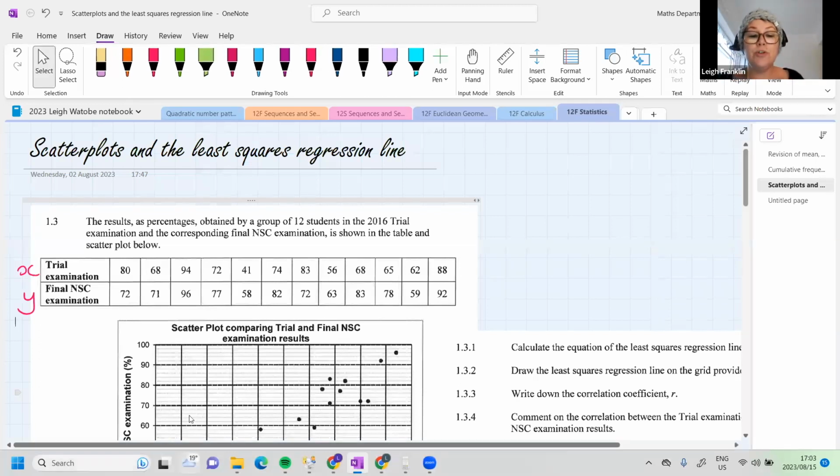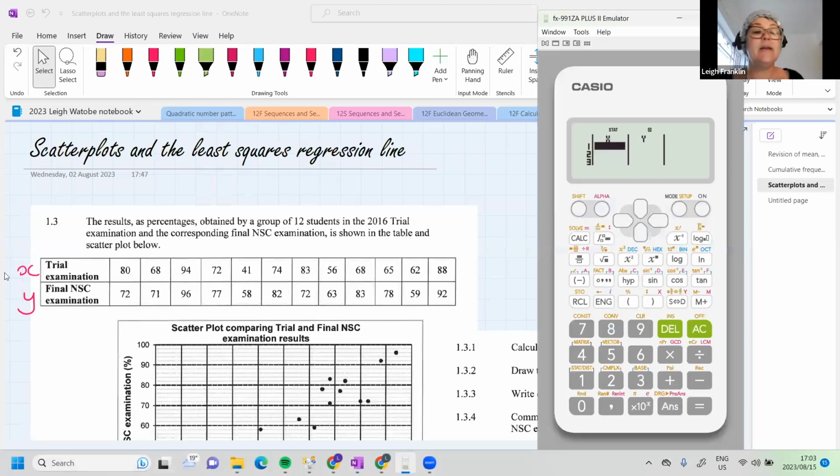So we fill in all our X values and then go back and put in all our Y values. Remember, after we enter something, we press enter. So 68, and you're going to enter all of these X values like I am. Please do this with me on your calculator, and make sure that you get the same values that I do at the end.